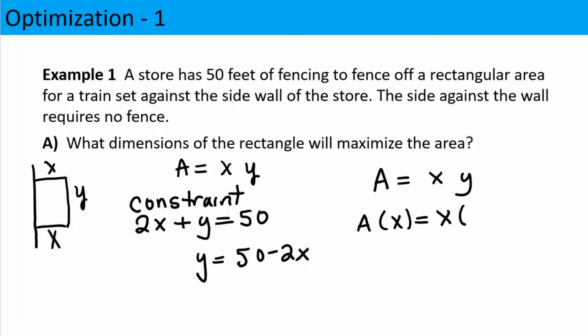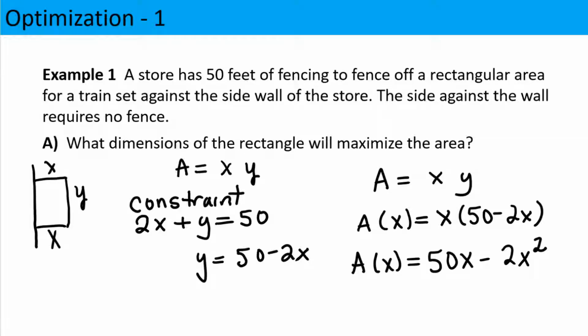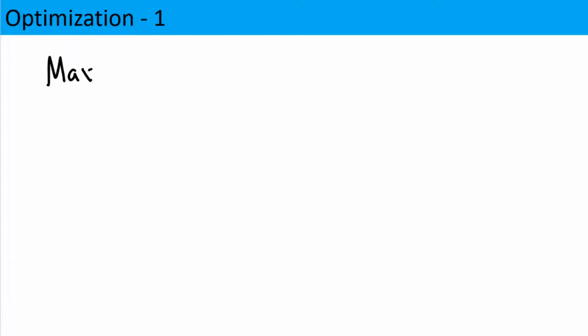So we'll have x times, and where the y was, we'll replace it with 50 minus 2x. Multiply through, and the function we end up with is 50x minus 2x squared.